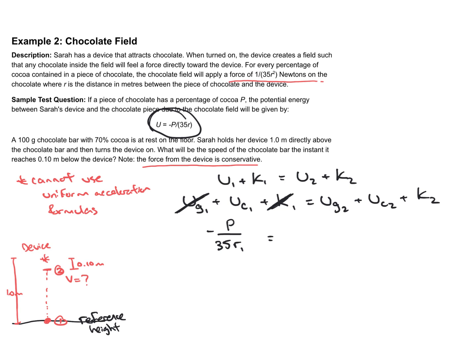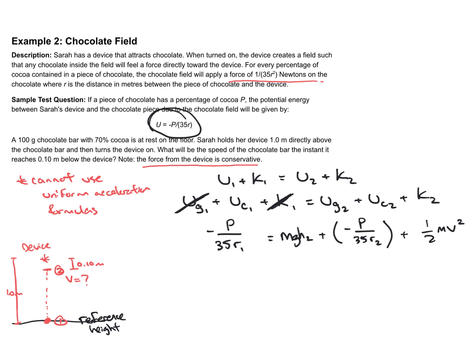And on the right side of the equation, we have gravitational potential, which is mgh. The new chocolate potential energy, which is the same formula, but it's at a different distance now, so it's going to be a different number. And then kinetic energy is half mv squared. I'm going to eventually solve for v.